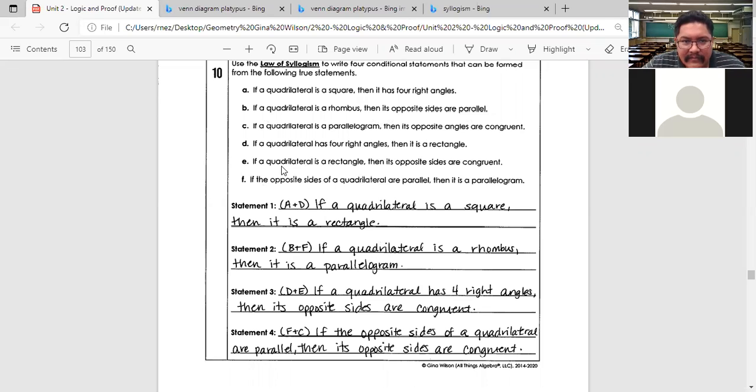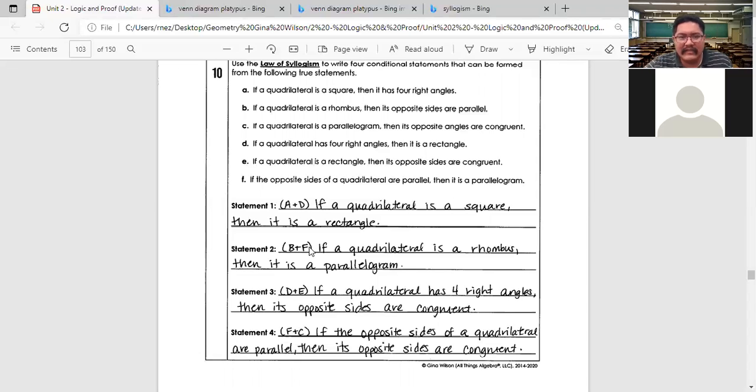The middle step is opposite sides of a quadrilateral are parallel. It doesn't say it in here. They removed it because now we're taking the beginning of B and the end of F, and we're concluding that the hypothesis of B leads to the conclusion F.